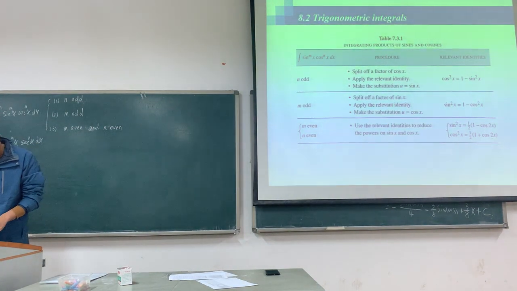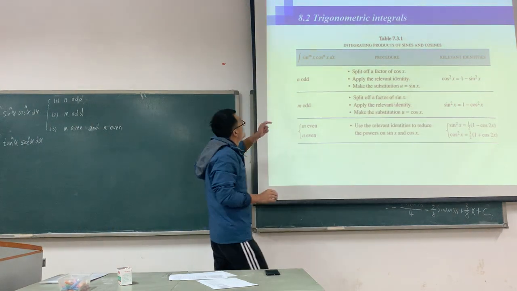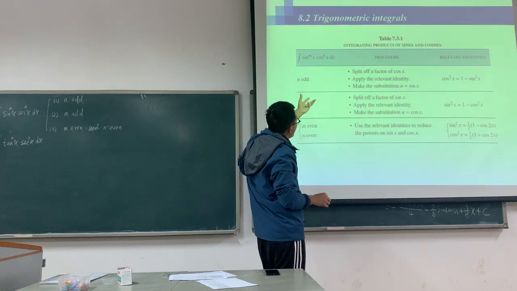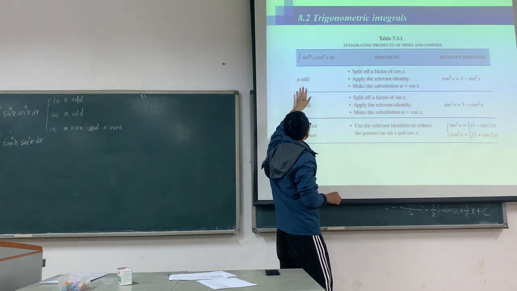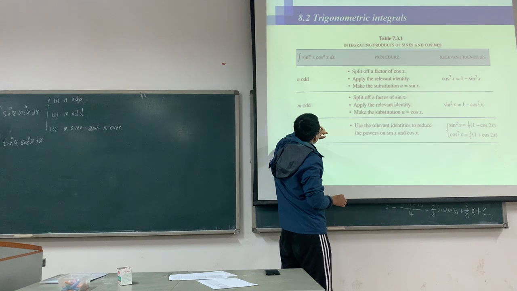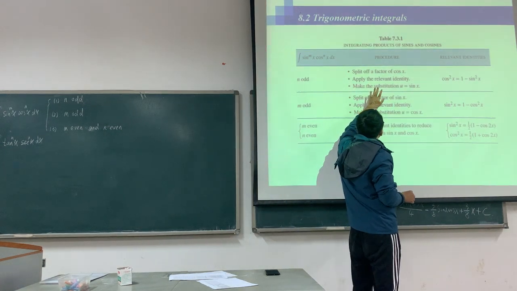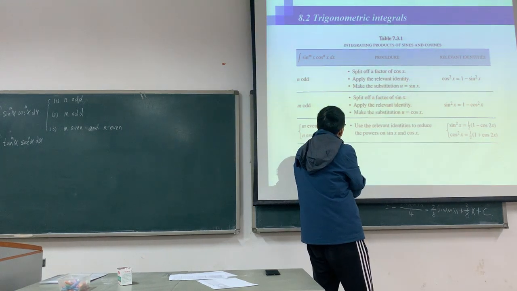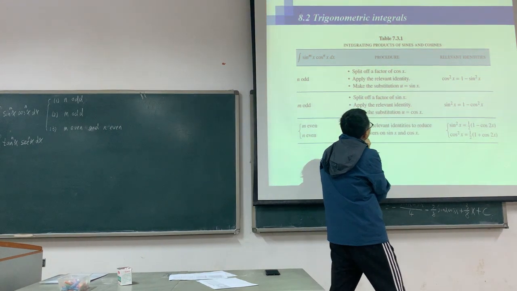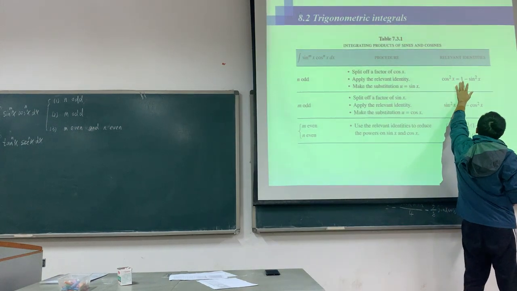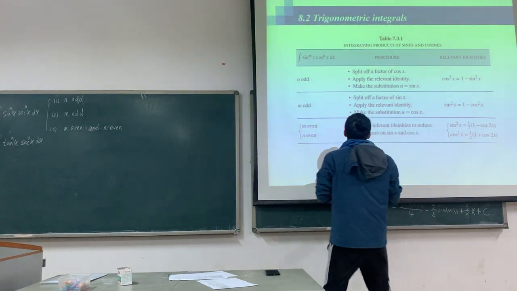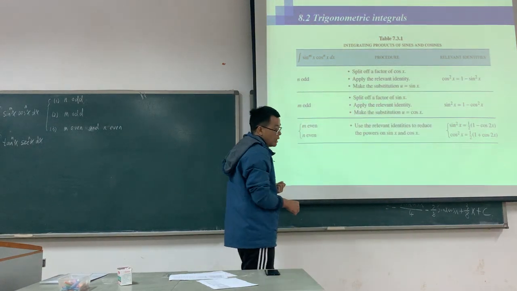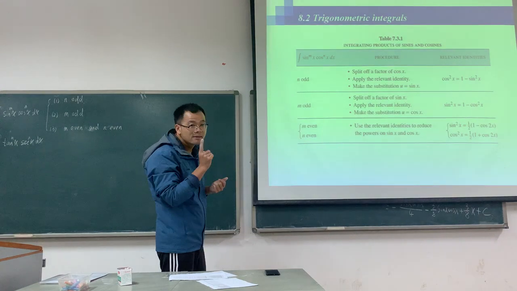Now we can see the table for the antiderivative of sin x to the m power times cosine x to the n power. If n is odd, we split off a factor of cosine x. Second, apply cosine squared equals 1 minus sin squared. Then we make the substitution u equals sin x. So this is the case where n is odd.